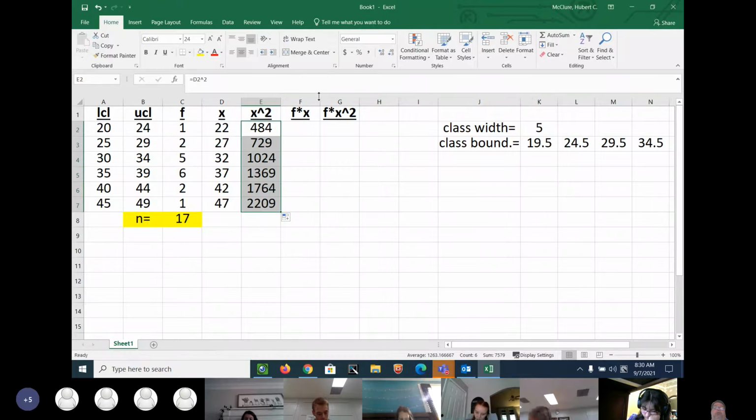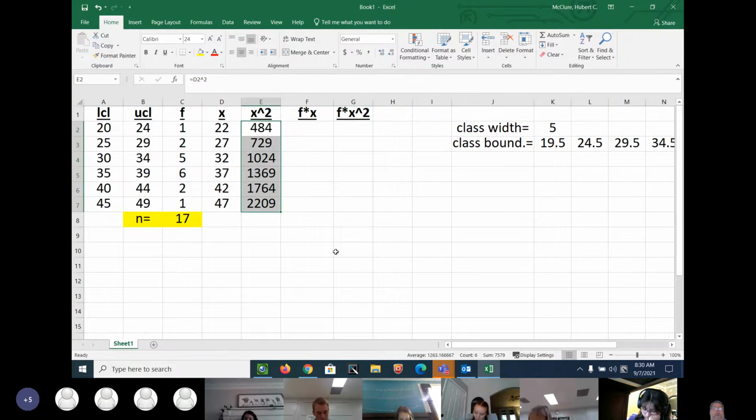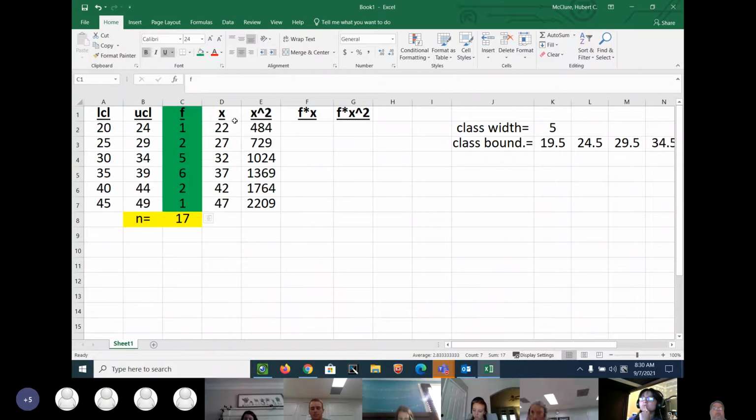And now we're ready for F times X and F times X squared. I'm going to highlight these green because F is already given. So that's green. And I'm going to highlight these yellow because we had to calculate those.